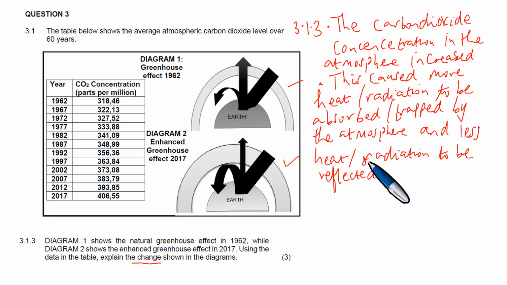So in other words, the heat was mostly absorbed in the atmosphere. That's one thing that must be noted. It was absorbed in the atmosphere. That was 3.1.3.